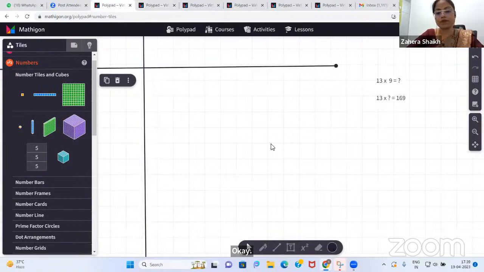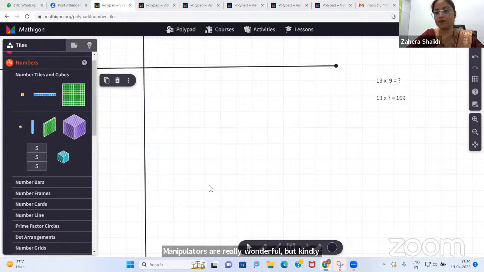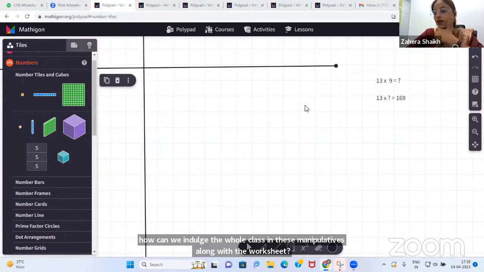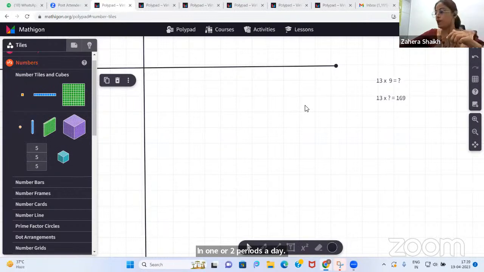Zara, ma'am, there's one question from Silky Nagrat. She's asking, manipulatives are really wonderful, but kindly tell how can we involve the whole class in these manipulatives along with the worksheet in 1 or 2 periods a day? So it's my suggestion, ma'am. When you conduct an introduction, the initial stages should be taken with the manipulative.